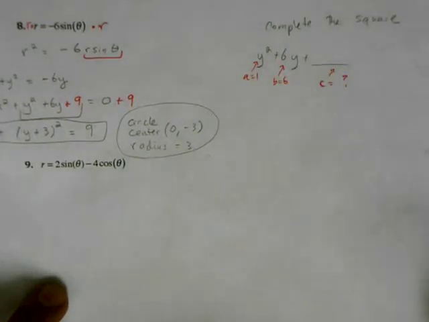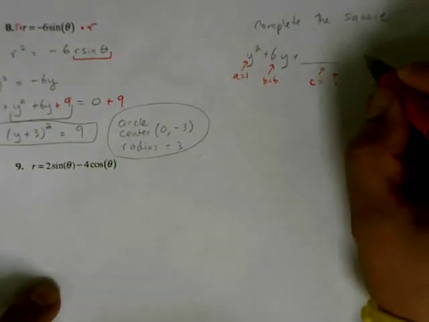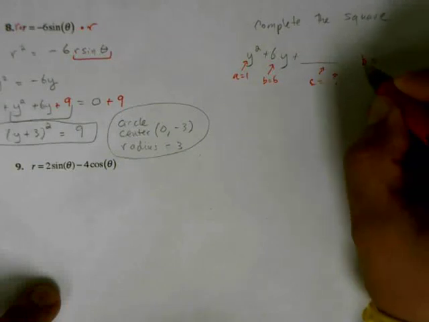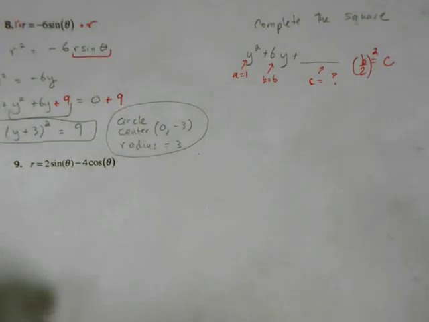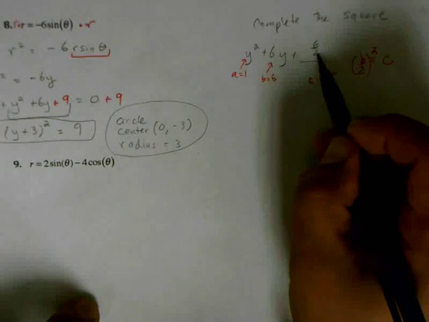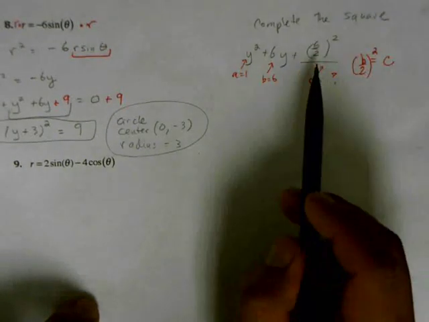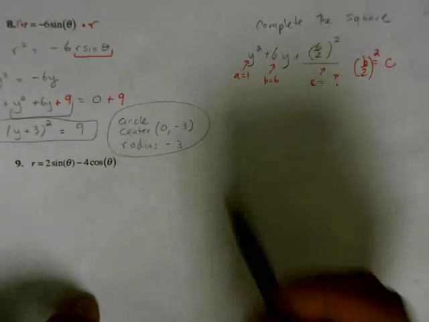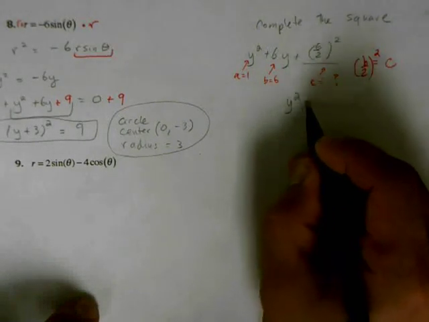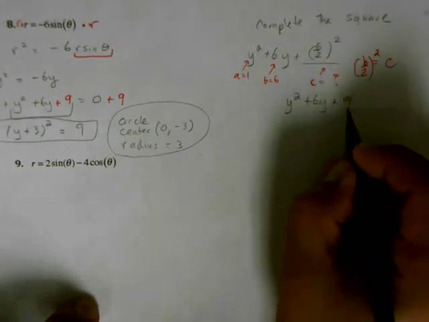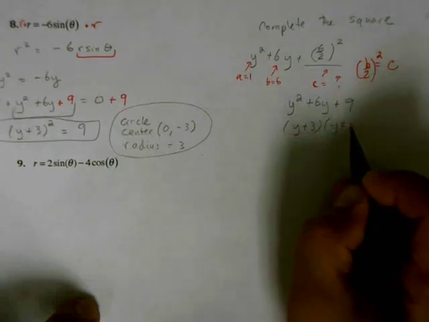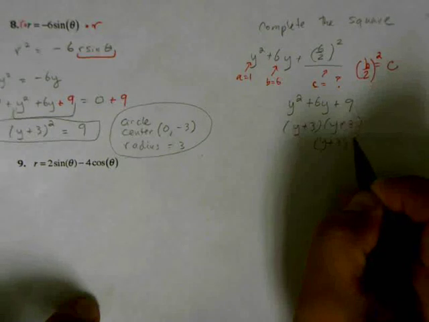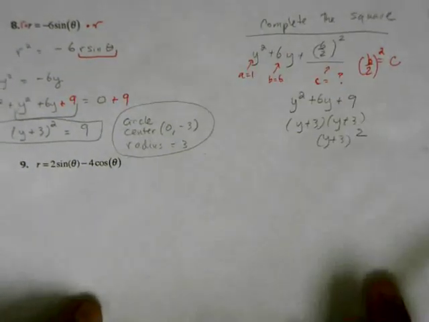And I want some number that goes in here that'll allow me to complete the square. You've got to remember that b over 2 squared is always going to be equal to c when you have a perfect square. So you take this number 6 divided by 2 and square it, and that'll give you your constant for c, which will allow you to factor. So it gives you y squared plus 6y plus 9. And if you factor this, you're going to get y plus 3 times y plus 3, or y plus 3 squared. Okay. Just a little bit of review.